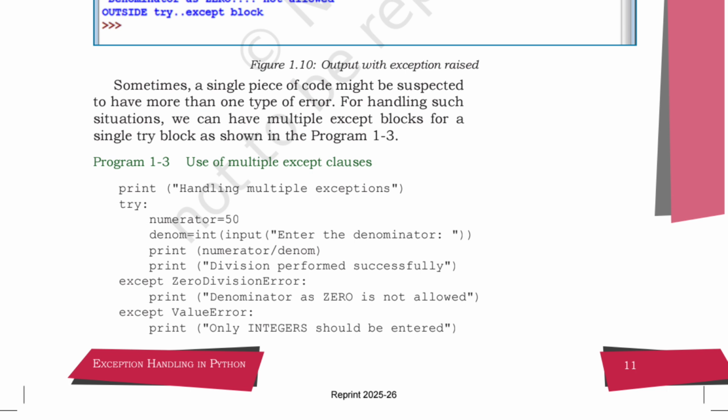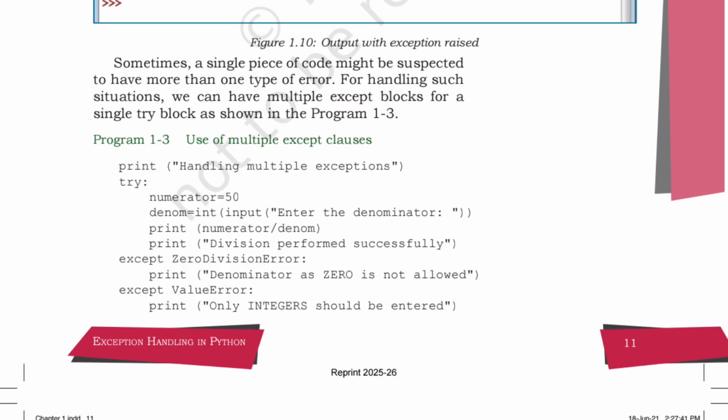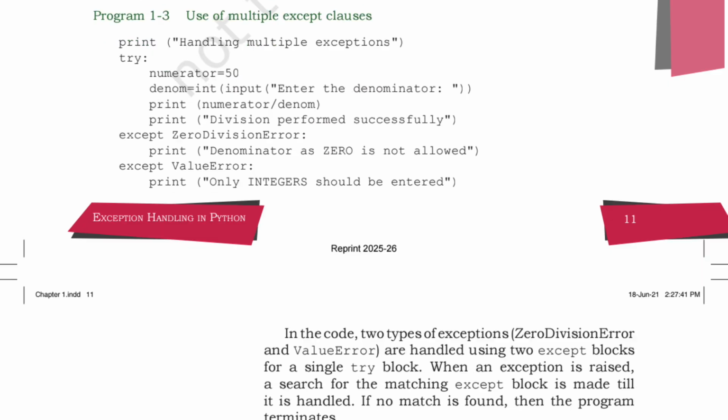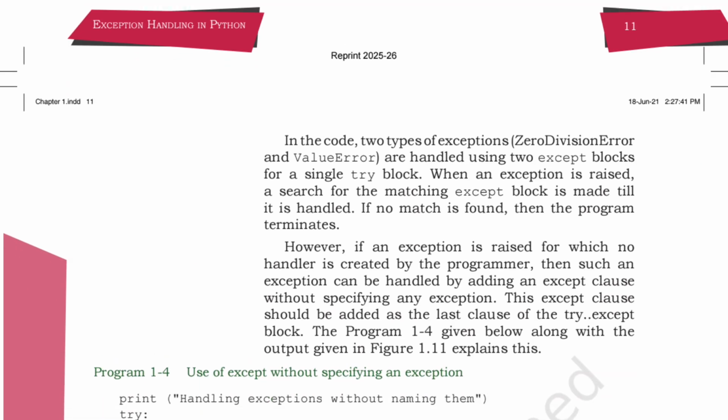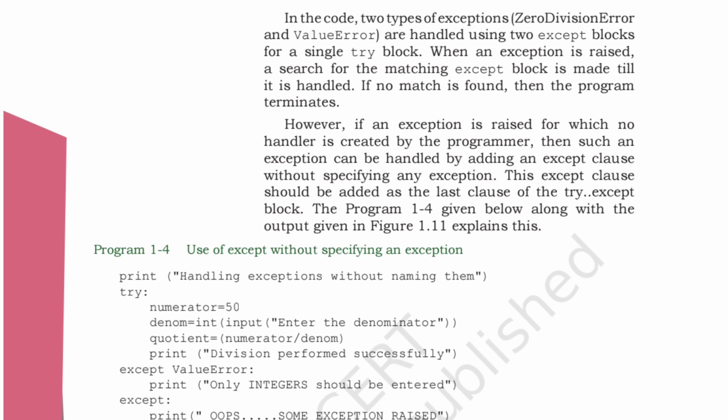Print handling multiple exceptions. Try numerator, denominator, print, except ZeroDivisionError, except ValueError. Over here they have mentioned the ZeroDivisionError and ValueError, that we already know.